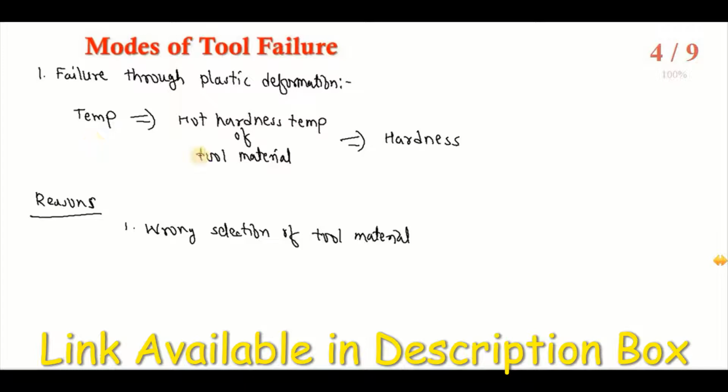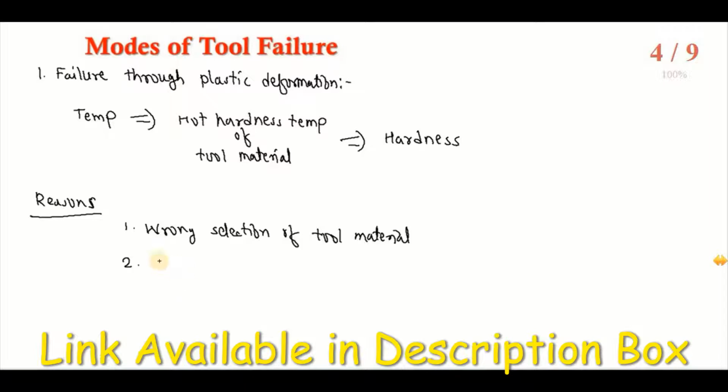If we know how much temperature is induced in the machining operation based on the workpiece properties, then we have to select a tool material whose hot hardness temperature is greater than the induced temperature. If you select the wrong material, with hot hardness temperature less than the temperature induced in machining, then plastic deformation will take place.